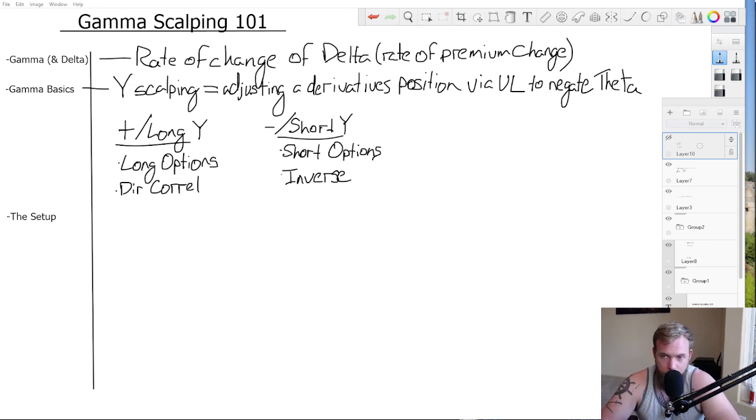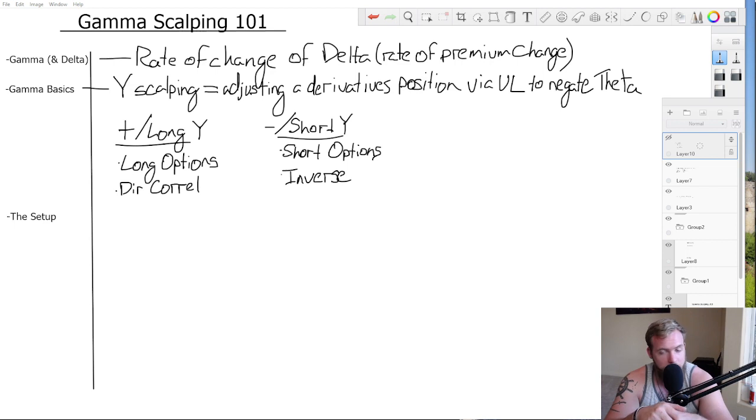So it's a close neighbor, and like most trading terms, it's all bullshit because everybody has their own version of what means what. So that's just an overview of gamma scalping, and the two camps you can fall into, whether it's long options or short options.